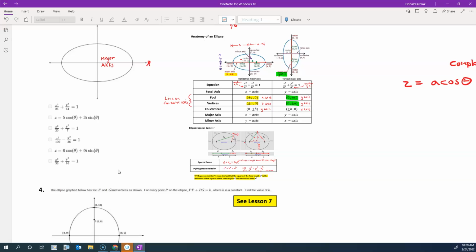So you know it's going to have to fit this format right here, where you're going to have x squared over a squared plus y squared over b squared. It looks like I typed in an x there. That should be a y. All right, and that has to equal 1.